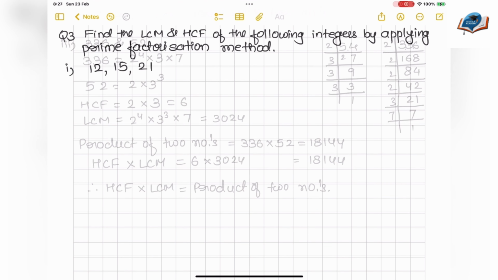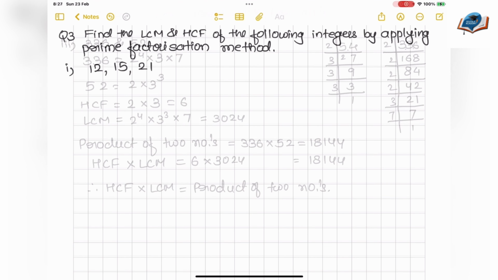Now the next question says find the LCM and HCF of the following integers by applying the prime factorization method. So 12 factors I can do orally: 4 threes are 12, so 4 means 2 into 2 into 3. 15 is 3 fives are, and 21 is 3 sevens are.